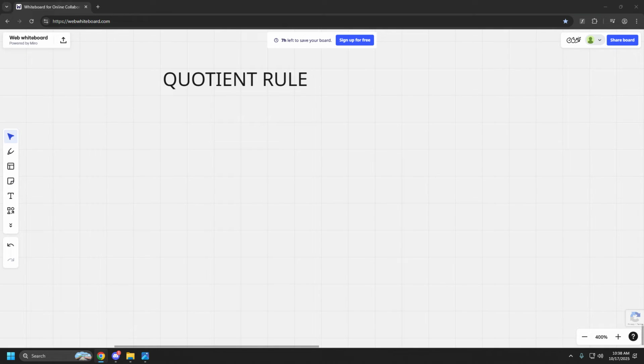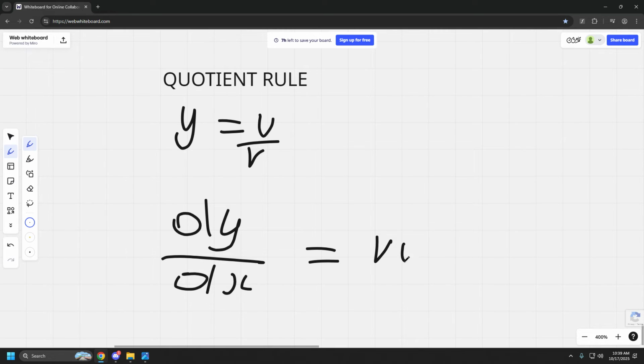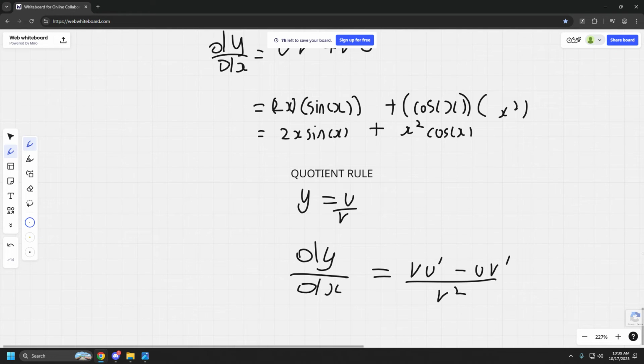So let's say y equals u divided by v, then dy/dx is equal to (v u prime minus u v prime) divided by v squared, where u is the numerator and v is the denominator.